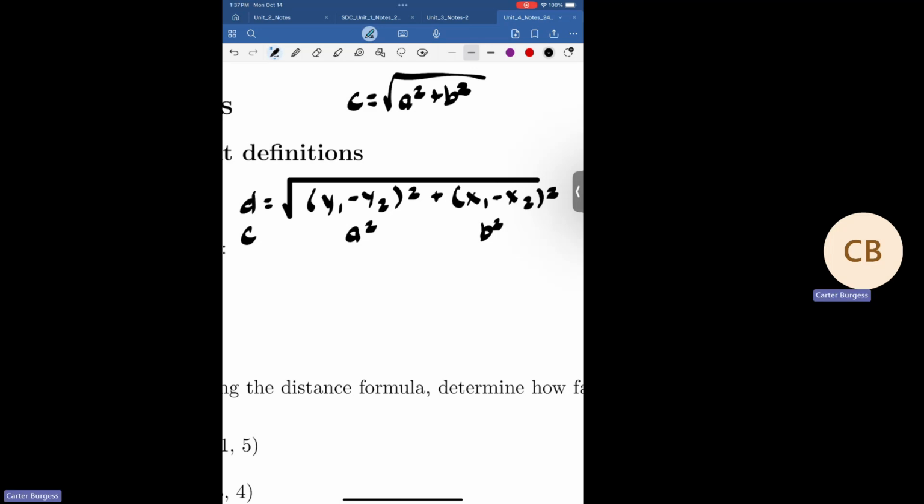And intuitively, we generally don't need to plug into the formula. Normally, we're able to actually do these computations without it. We will see that the formula is going to give us a very nice direct way to get to the circle formula. But when we are actually using the distance formula, keeping this intuitive notion of one leg being x displacement and one leg being y displacement is generally enough to figure out what is going on.